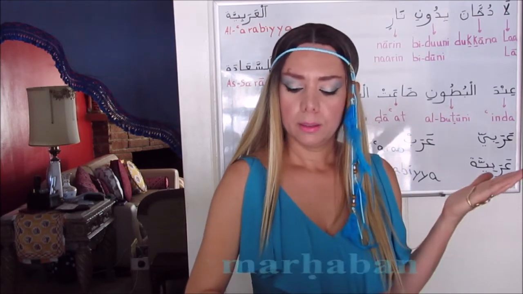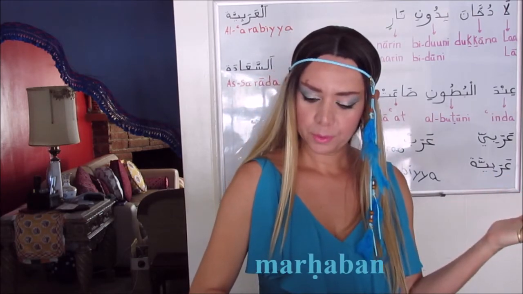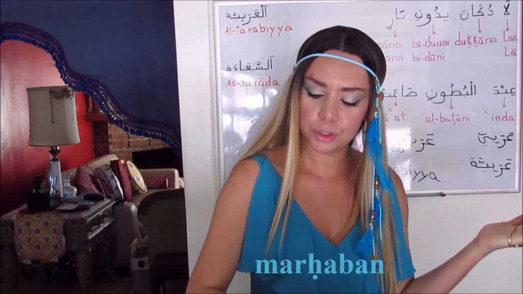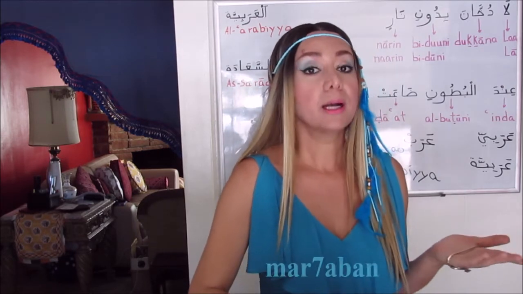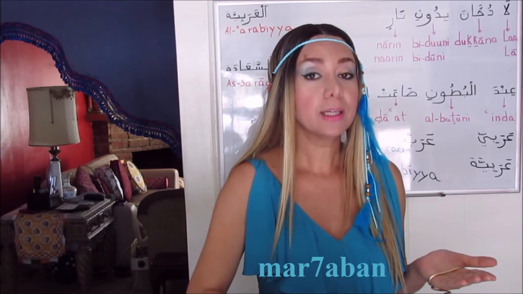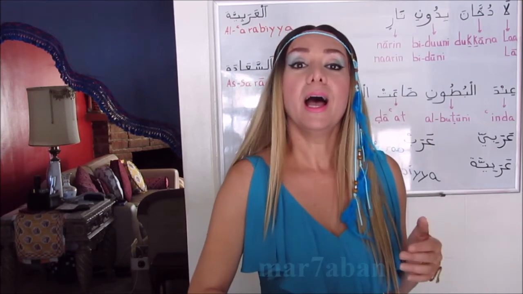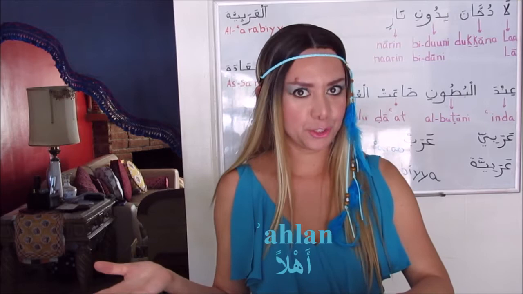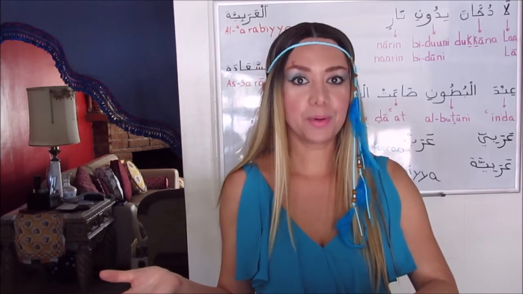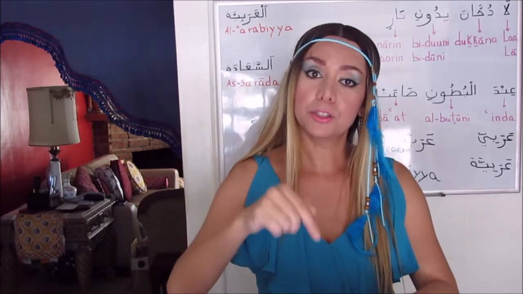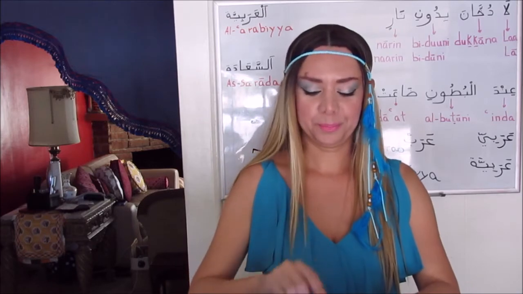So, we have marhaban with a dotted H, or marhaban with the number 7. And ahlan with H. That represents the letter ha.